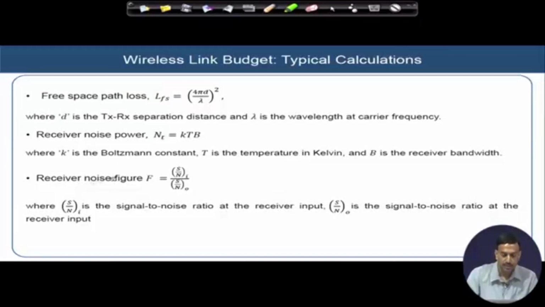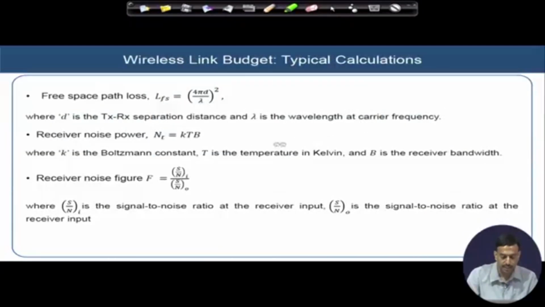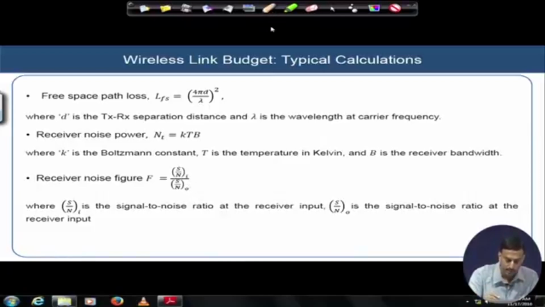The receiver noise figure, which is a property of a given receiver, is defined as the signal to noise ratio at the input divided by the signal to noise ratio at the output. I'm sorry, this should be output. And it basically captures the amount of noise that is added in the receiver system itself.